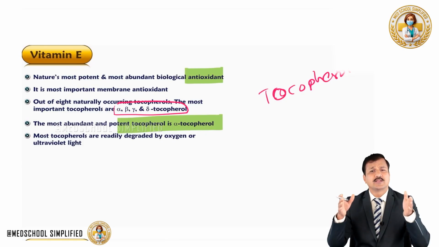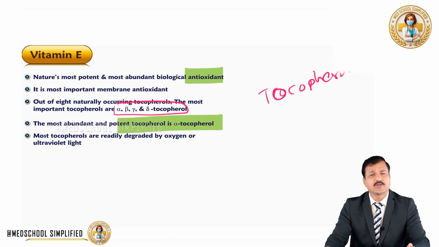So all the information that we are going to see in subsequent slides will concentrate on α-tocopherol's function. Most tocopherols are readily degraded by oxygen and also inactivated upon exposure to ultraviolet light.